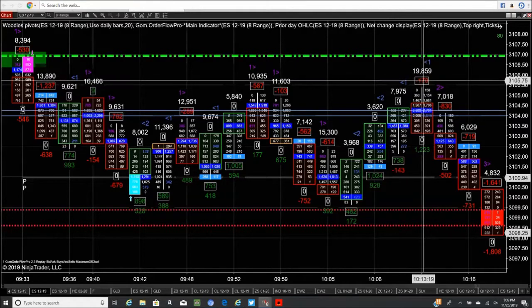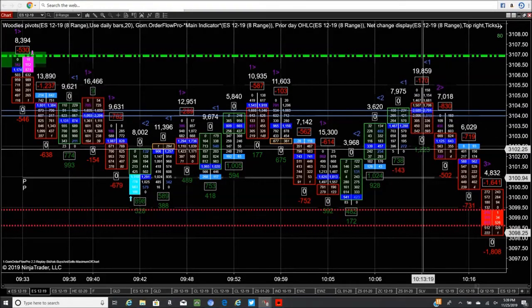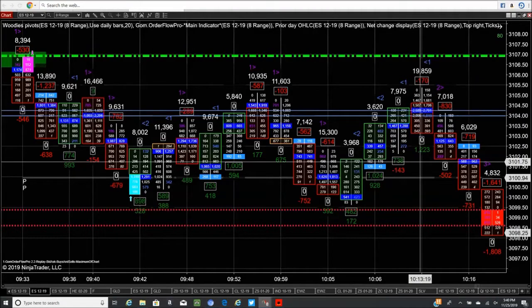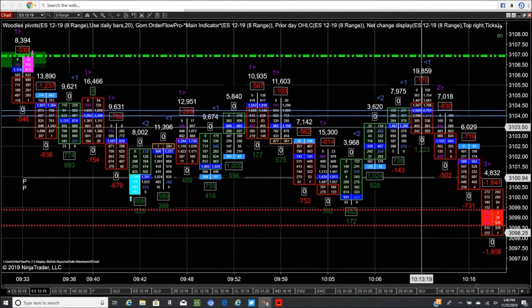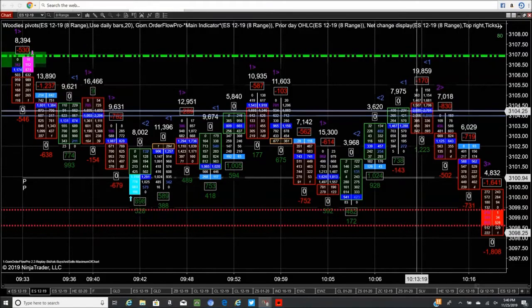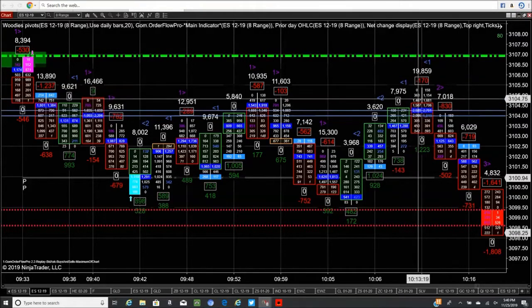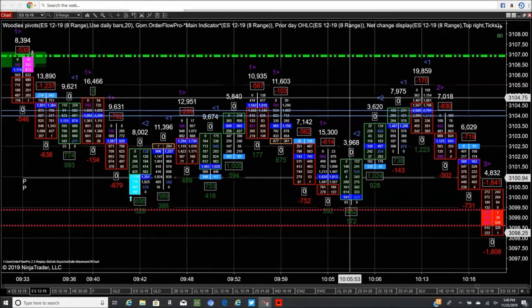Remember the divergence of negative 170 on the COT and positive 1,223 on the delta. That's a pretty darn big divergence. And we'll get into that at another time as far as calculating the disparity. Sometimes that can allow you to take a trade that's not necessarily with the point of control outside the box. But that's beyond the scope of this particular investigation.